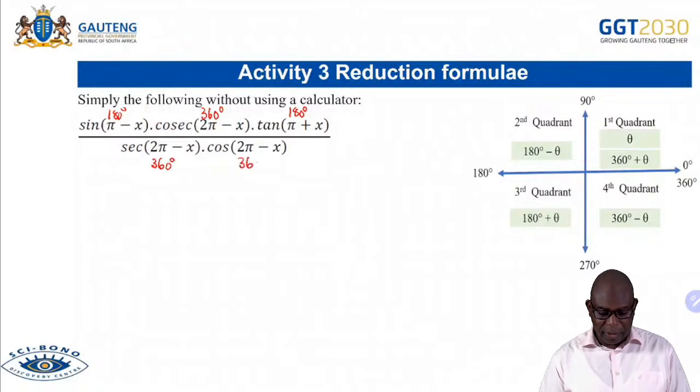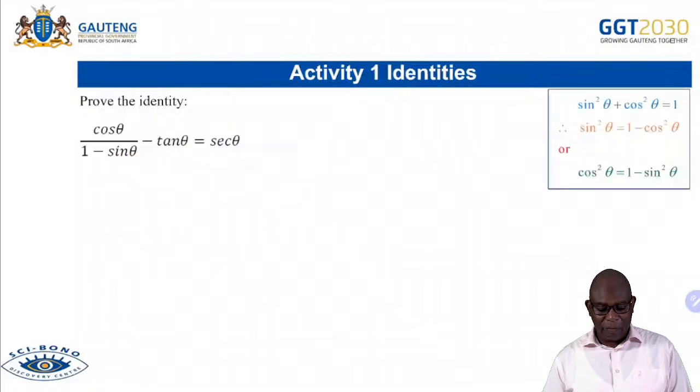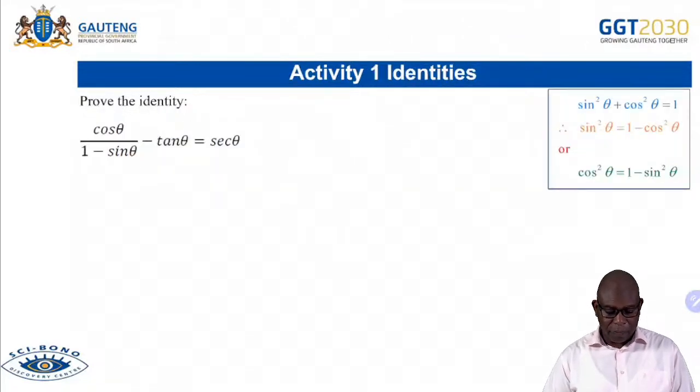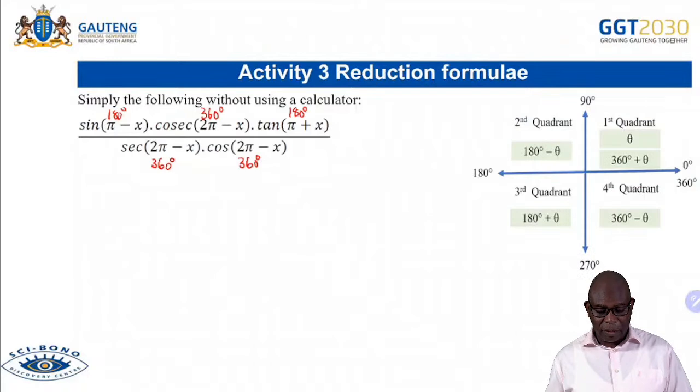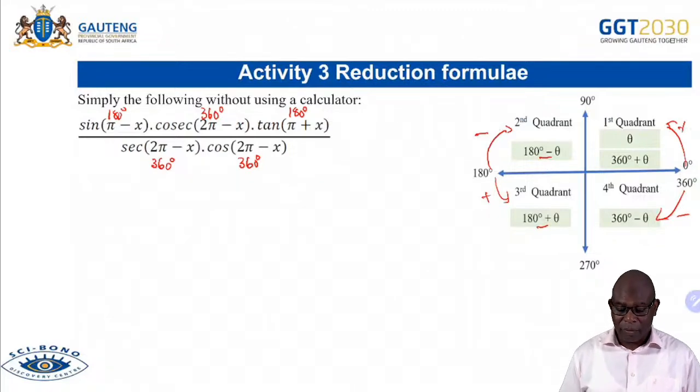So already, you know. You have your sketch down there. The 180 plus, 180 minus, 360 minus, 360 plus. See, I've even indicated them in those quadrants so that you see.